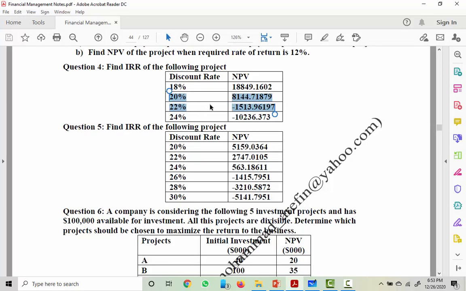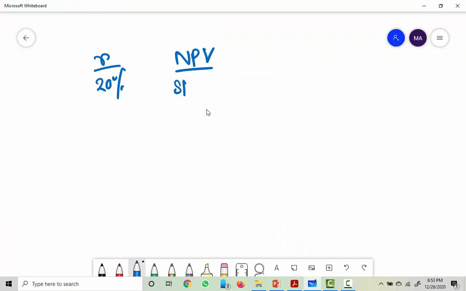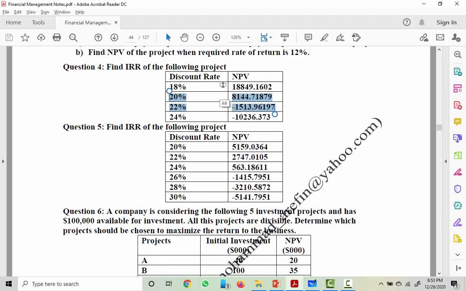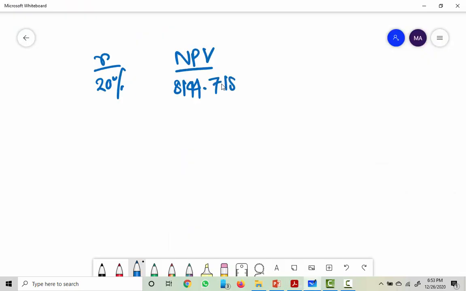Right. So when the discount rate was 20%, in that case NPV we found is 8,144.71879.